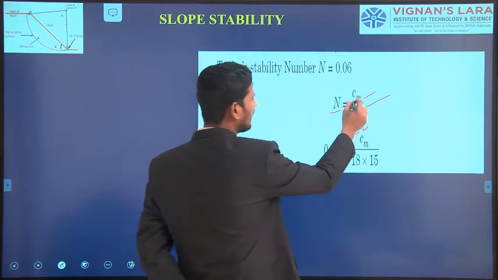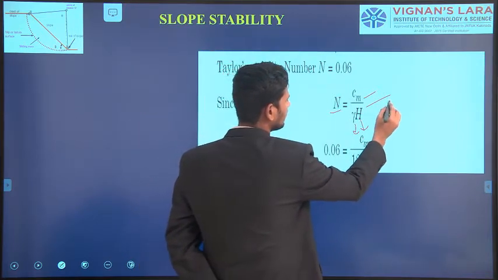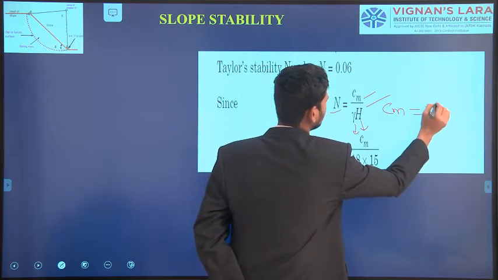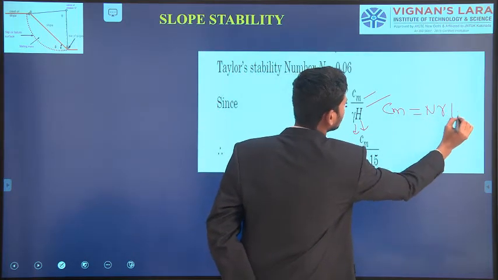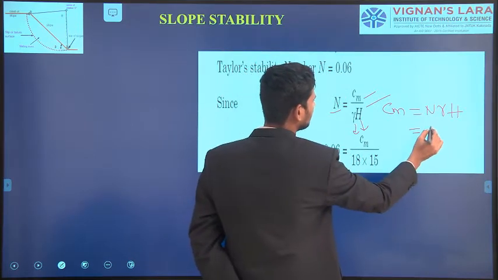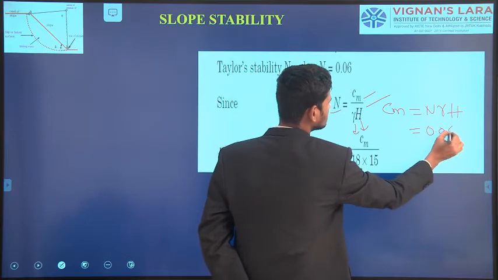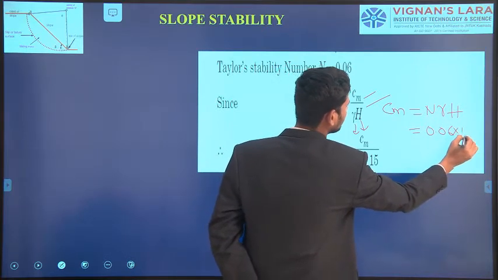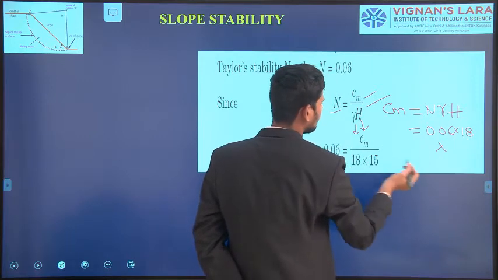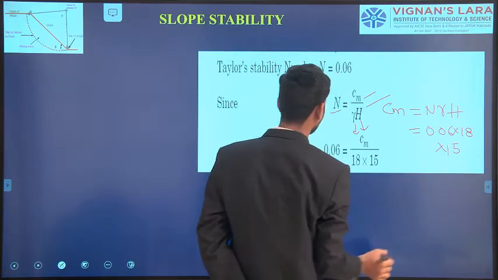Now I want to calculate the mobilized cohesion value. The mobilized cohesion Cm equal to n into gamma into H, where n is the Taylor stability number. That means 0.06 into gamma, the unit weight of the soil mass, 18, into H, the height of the embankment, 15.